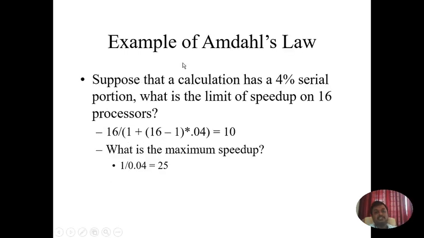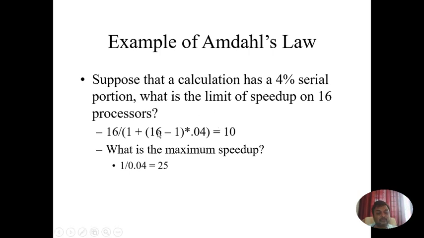One example showcased with respect to Amdahl's law, whenever you are thinking of parallelization: say a calculation has 4% serial portion, which states that 96% of the code is parallelizable, so you can run it concurrently. He has taken the example of 16 processors at his disposal, which he can utilize for improvement. Now what is the improvement that has happened?